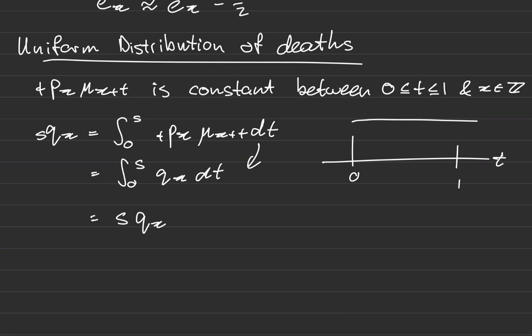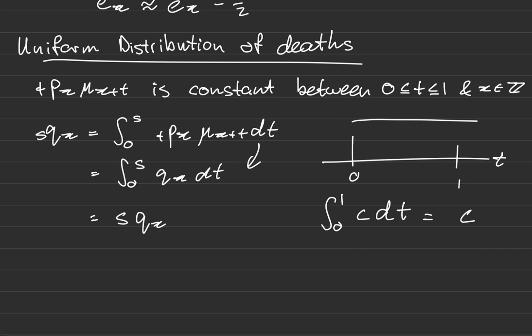So that means I can replace this with a constant, and the constant I'm using to replace it with is just qx. Why am I using qx? Well, because if I integrated this from 0 to 1, I would be integrating this constant between 0 and 1. And if I integrate a constant, c, between 0 and 1, I'm just going to get that constant out again.